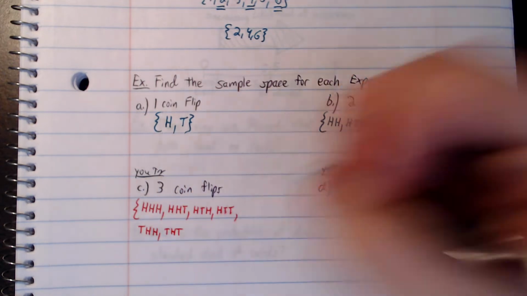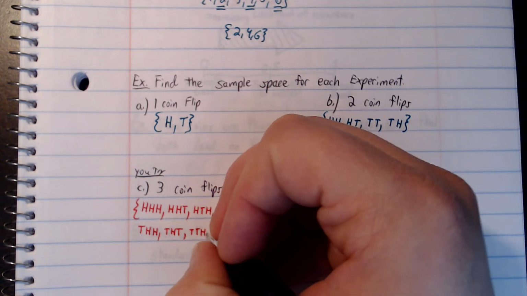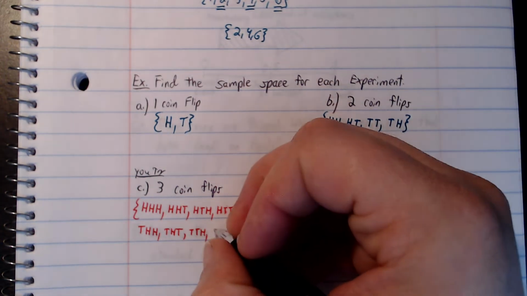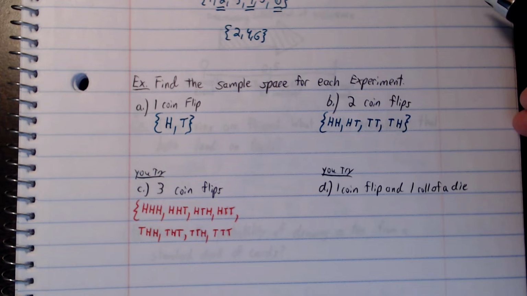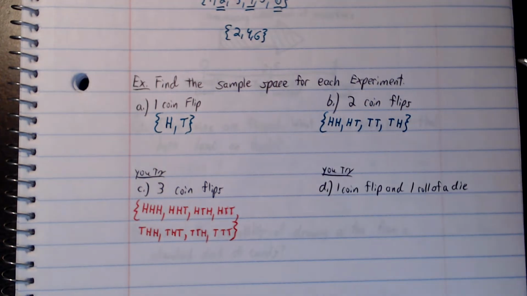Tails, heads, tails. Tails, tails, heads. Or tails, tails, tails. I think that's all of them. Yep, that covers pretty much all of them. Double heads, double tails. Yeah, that looks like all of them. So there's 8 different possibilities of that.